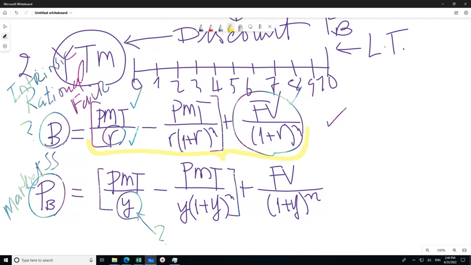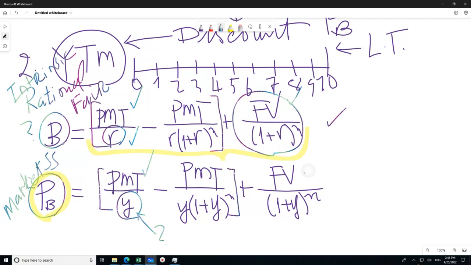But in the second equation, this is given because it's the data that you can just get from the market, from the news media, from the market transactions, right?